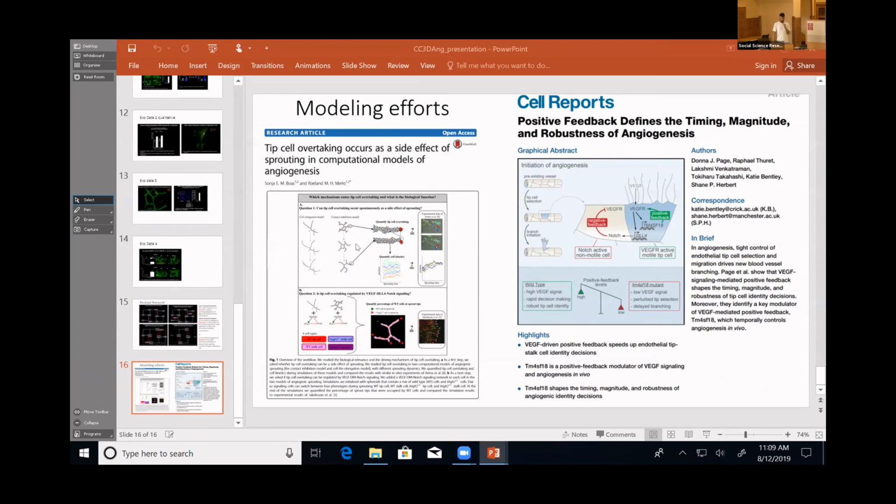Roland Merks argues that that can happen purely through contact inhibited chemotaxis. And at the same time, there have been continuing publications by that group I showed previously, where Katie Bentley is the primary modeler, further refining their argument about how molecular regulation of delta notch signaling and tip stalk signaling affects angiogenic phenotypes.